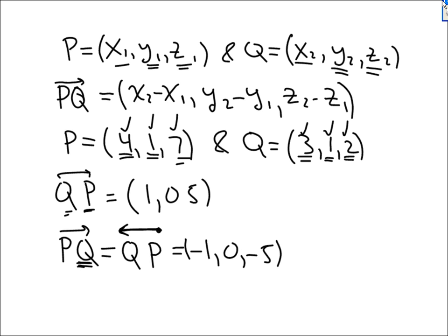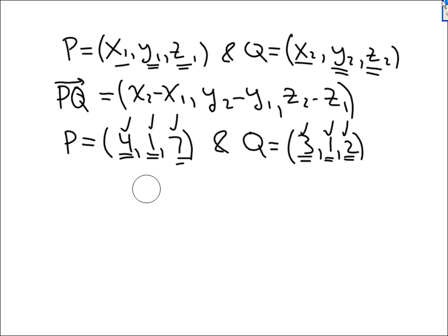And since you did the subtraction backwards, it's not a surprise that these differ by a minus sign. So it's very, very simple to find the vector from P to Q.